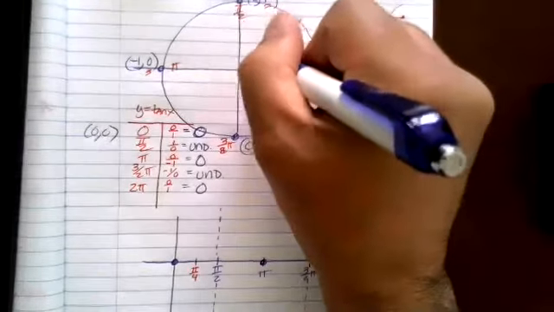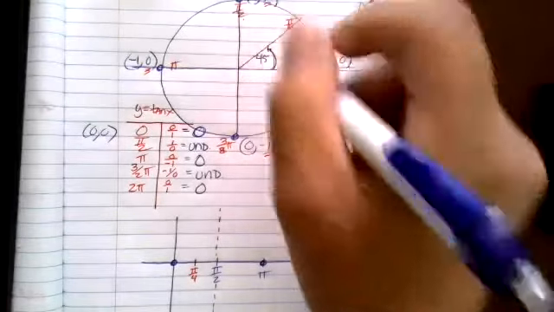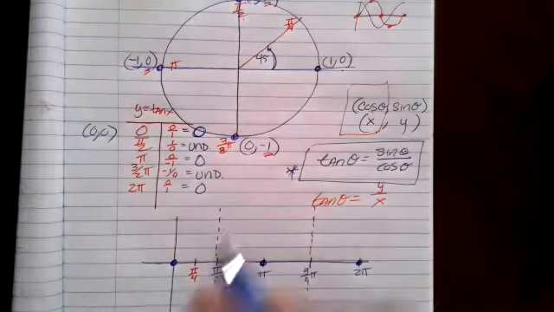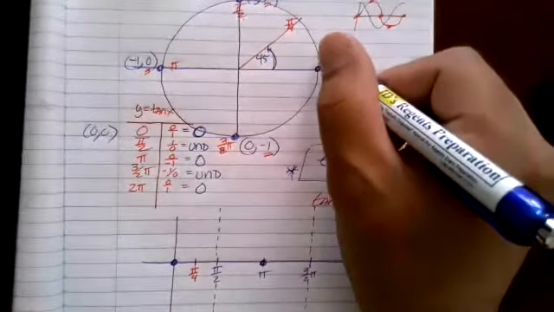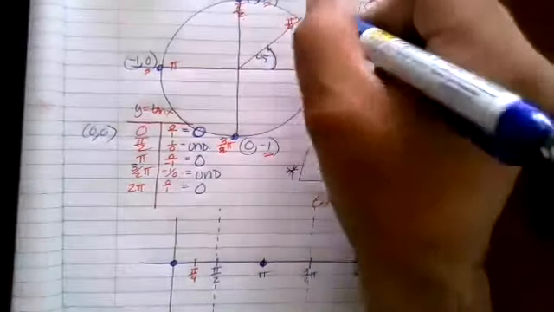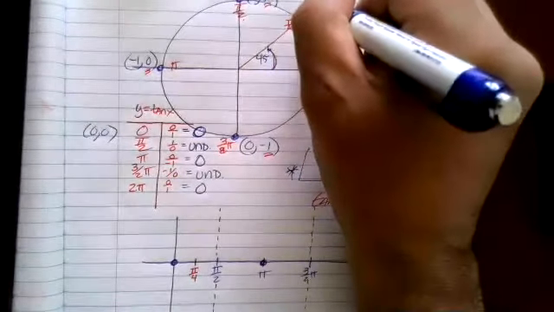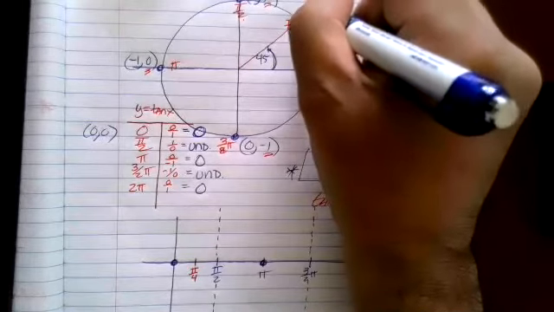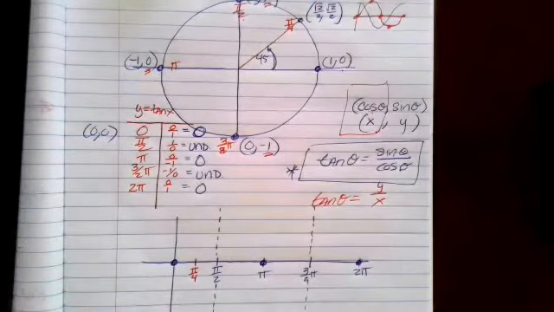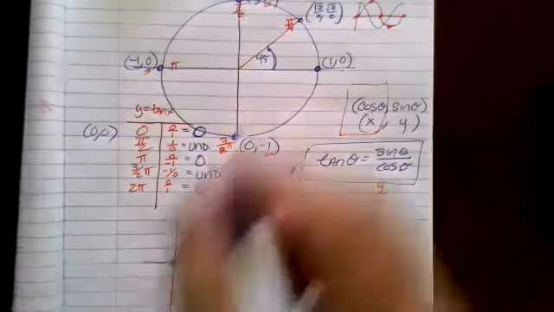Well, it would be a 45-degree angle. We remember our special triangles, and we found some of these values like 30, 45, and 60 degrees. We found the coordinates here. I think this was root 2 over 2, comma root 2 over 2. That was my x and my y value.